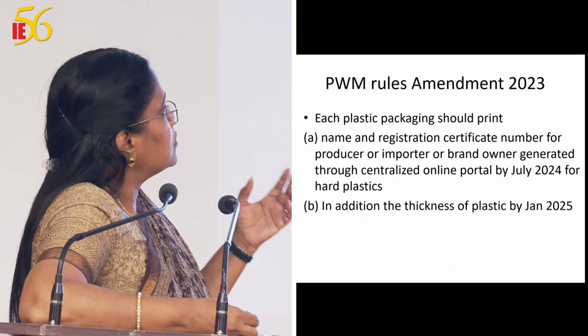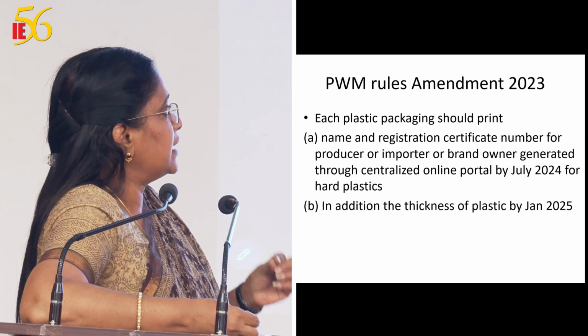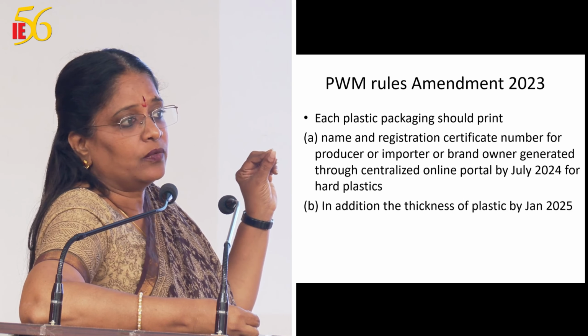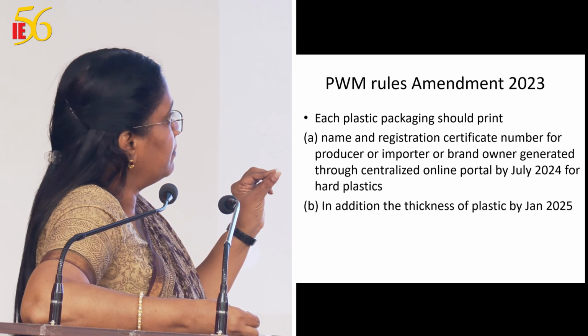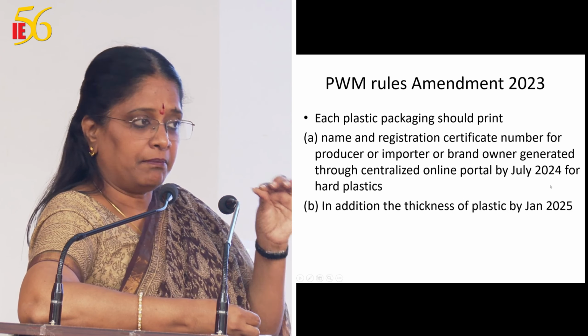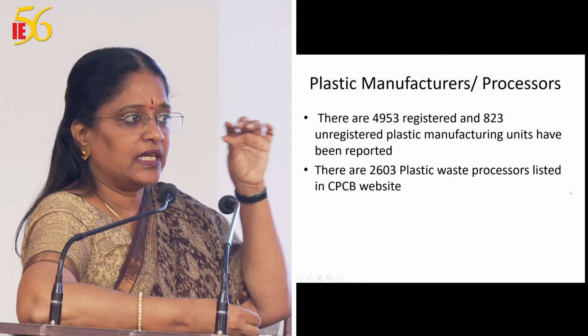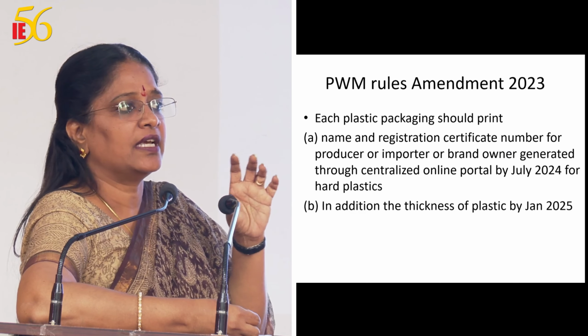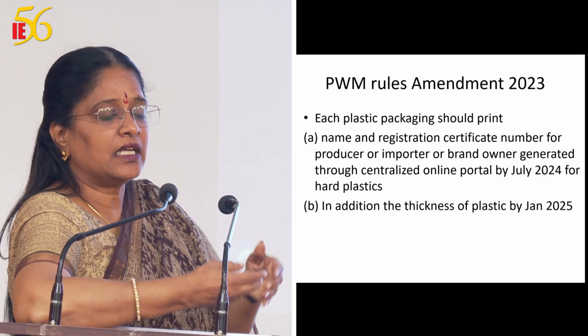And so they are given a unique registration certificate number. And very recently, in 2023, this amendment has come: they have asked all these plastic packaging companies to put this unique registration number on the plastic containers which they are packaging. So we'll be seeing that soon.